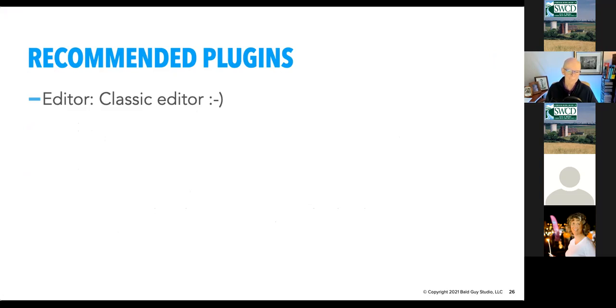That said, I felt like I wanted to learn it for our session last time, but my favorite editor is still the classic editor, and that is a plugin that you can get from the WordPress repository, no matter what theme builder or anything else you've got on the self-hosted website or WordPress website side.